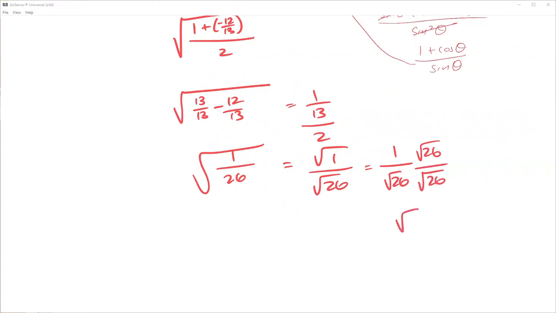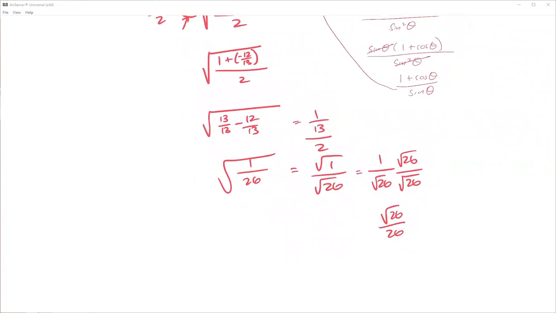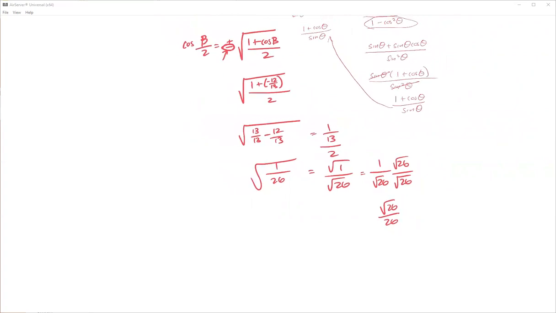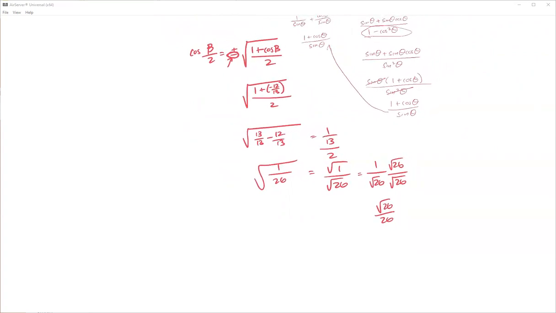Let me double check that. Because 13 minus 12 is 1.